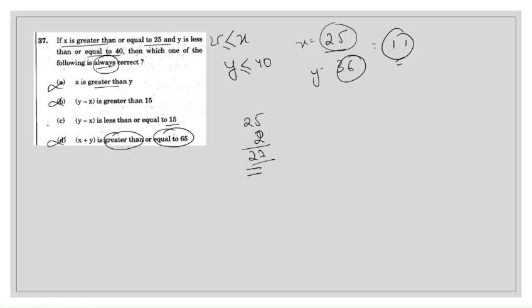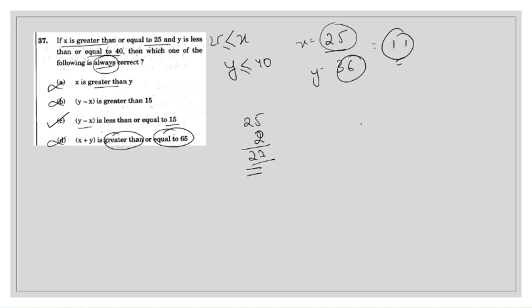So the only option that is correct here is y minus x is less than or equal to 15. For any given set of numbers that we take for these values, this case will always be correct. Because in this case they're asking about y minus x.